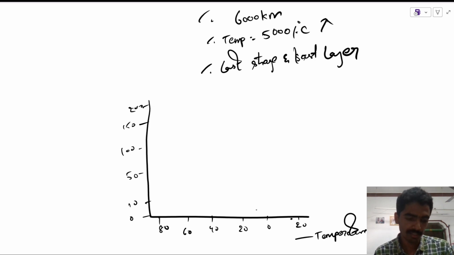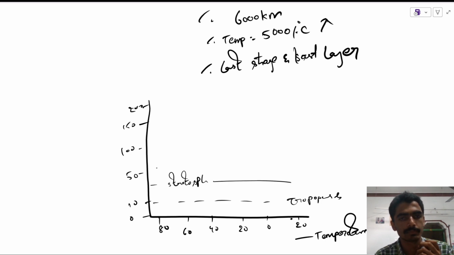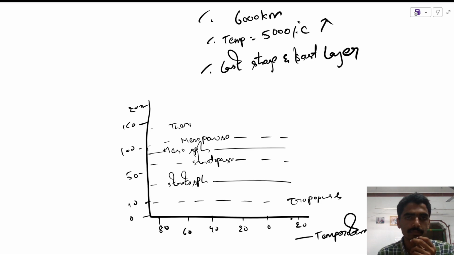So mainly Tropopause, Stratosphere, Stratopause, Mesosphere, Mesopause, then Thermosphere.